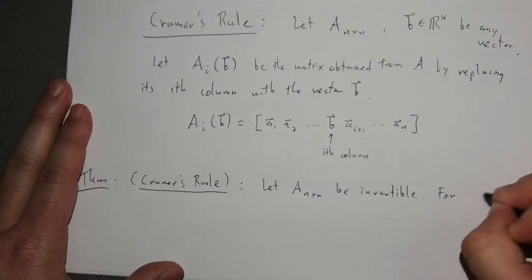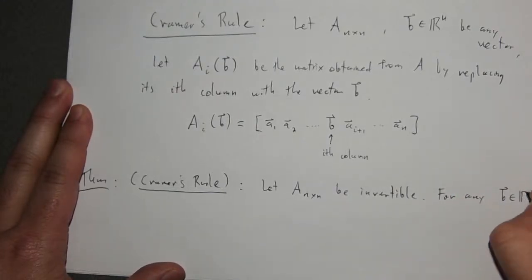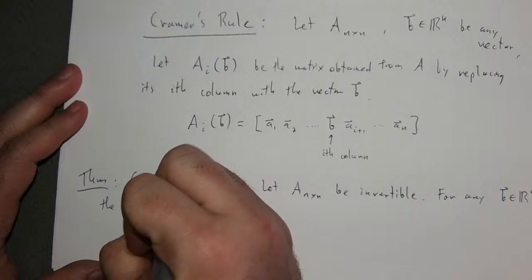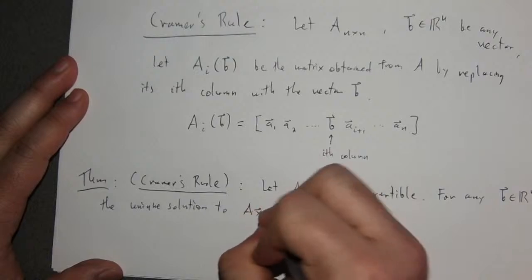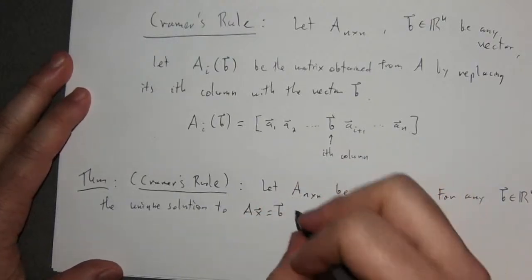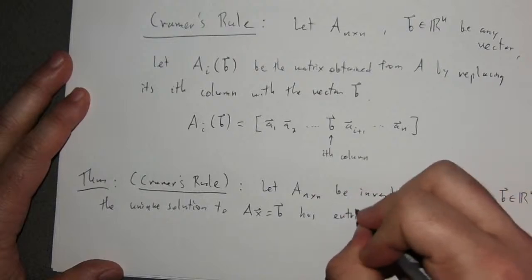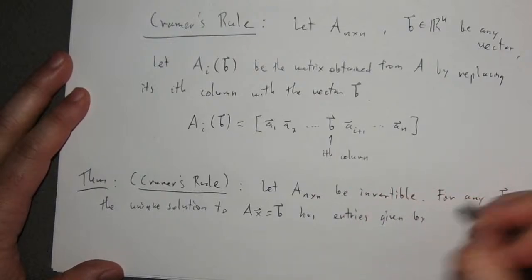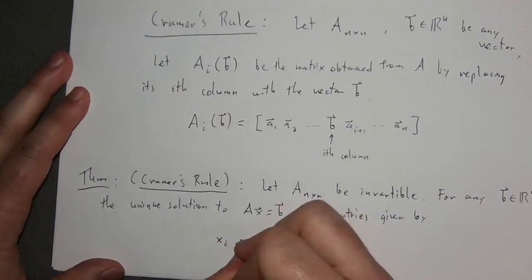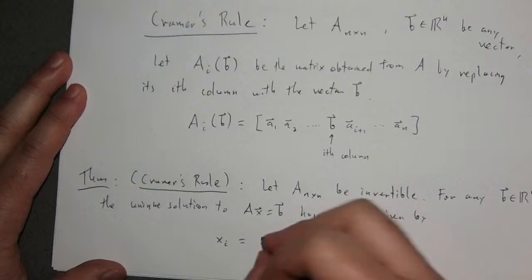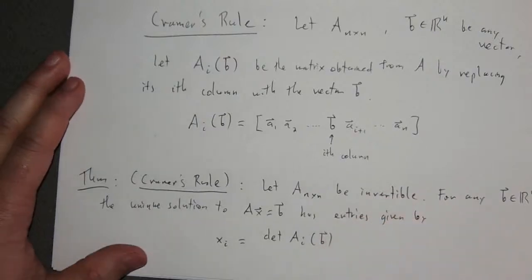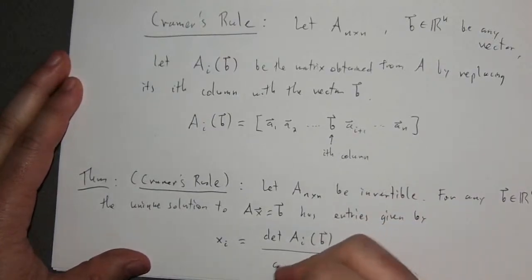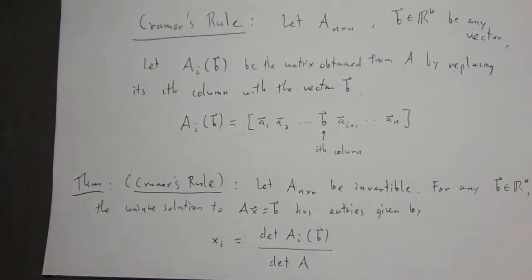Then for any b in Rn, the unique solution to Ax equals b has entries given by: the x sub i slot can be computed as the determinant of this A sub i of b thing over the determinant of A. So now you see why A needs to be invertible.